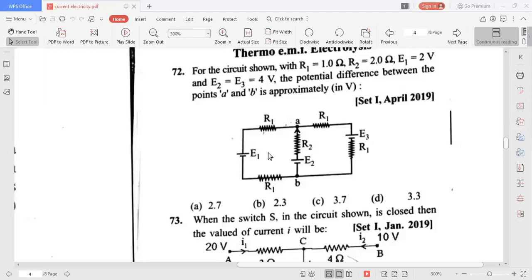Therefore this is 10 by 2 means 5, over 3 by 2, that is equal to 10 by 3. Therefore, potential difference between A and B is equal to 3.33 volts.